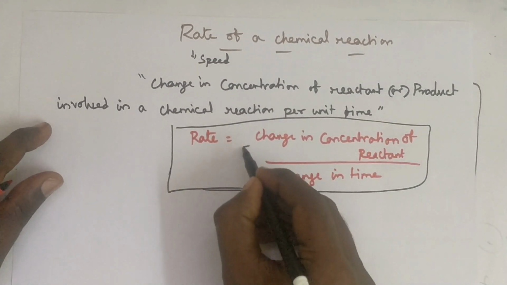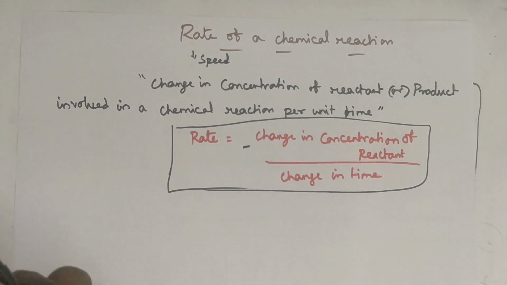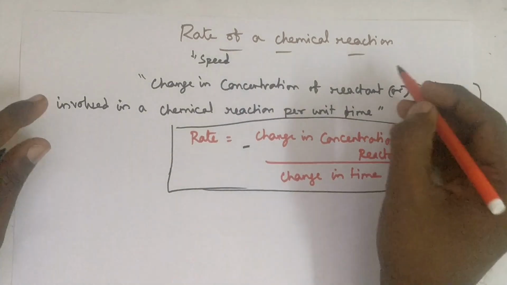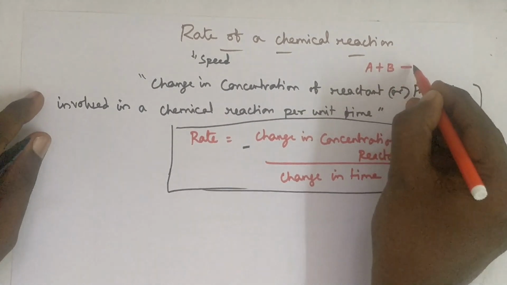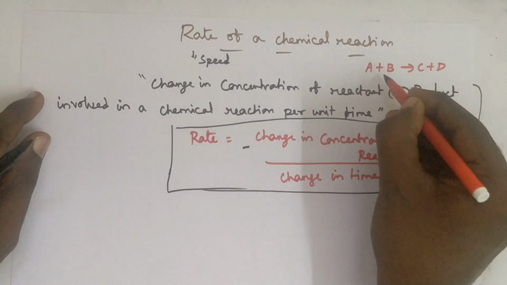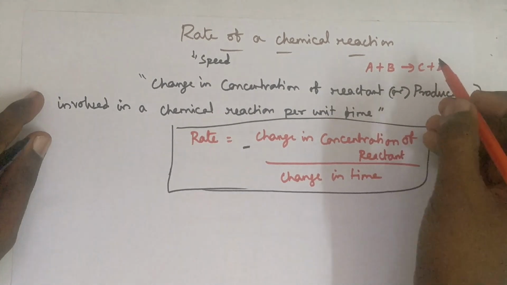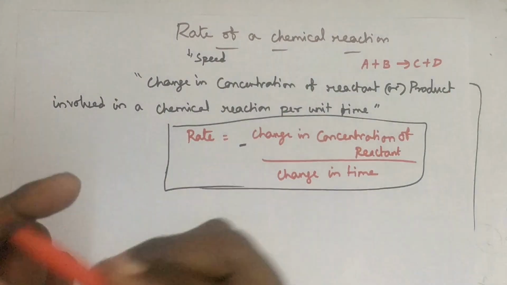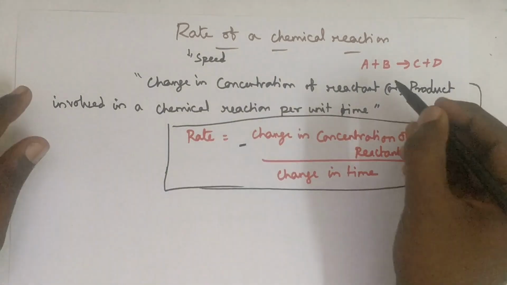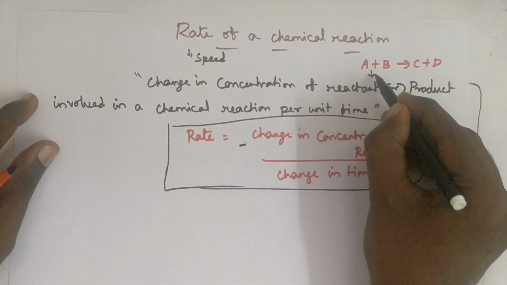So why do I mention the negative sign? In most chemical reactions, in a general chemical reaction, I mention A plus B gives C plus D. So reactant is converted into product. While reactant is converted into product, definitely reactant concentration decreases on the left hand side.